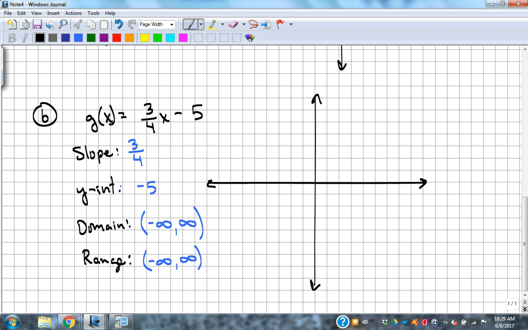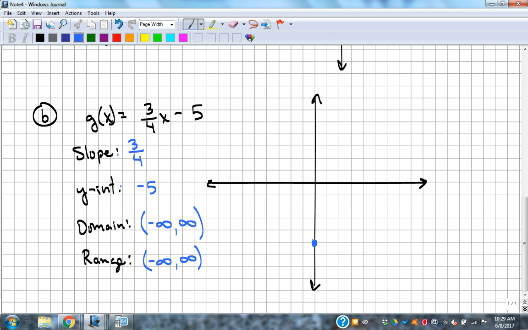What's the first dot that I should put on here? Negative 5. Where at? On the y-axis. Yeah, 1, 2, 3, 4, 5. That first dot goes there.